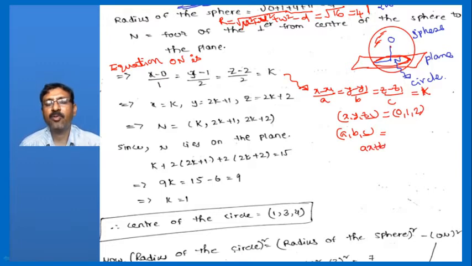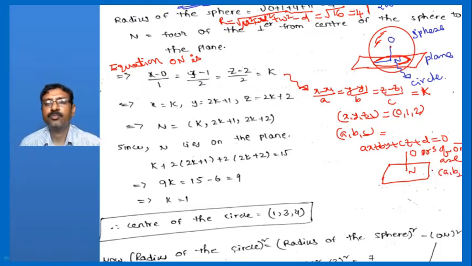If ax plus by plus cz plus d equal to 0 represents a plane, and the line is perpendicular to the plane, then the DRs of ON are simply the coefficients a, b, c.